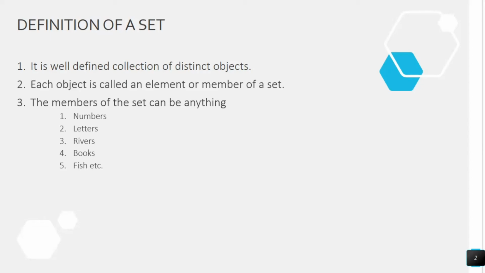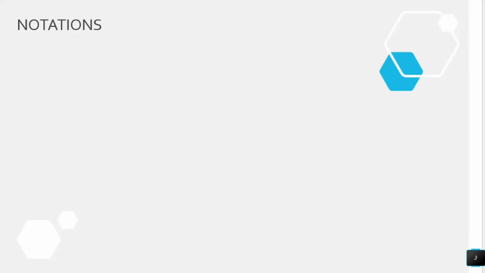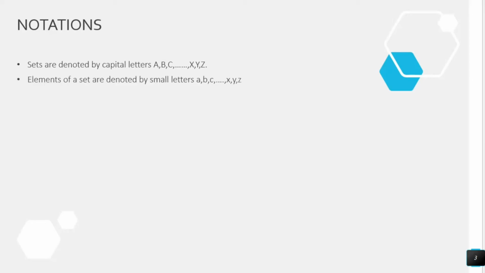Let's see the notations of a set. Sets are denoted by capital letters A, B, C, or anything in capital letters. Obviously, if we write a set, then we have to denote it with something, so we denote it by capital letters. It is up to you whatever you want. Elements of a set are denoted by small letters.